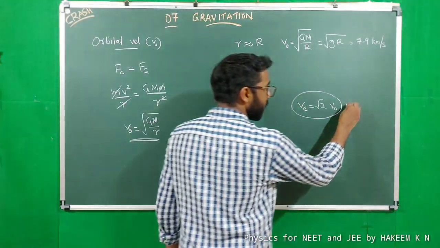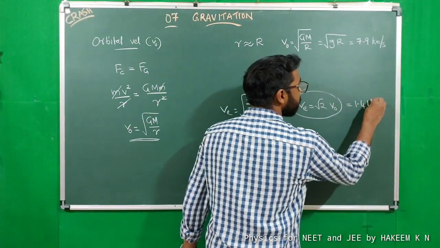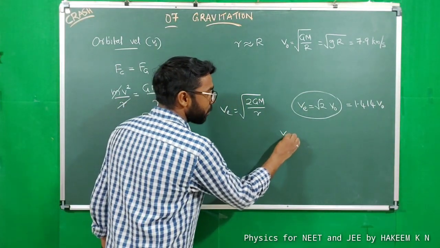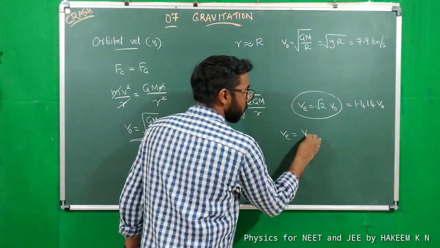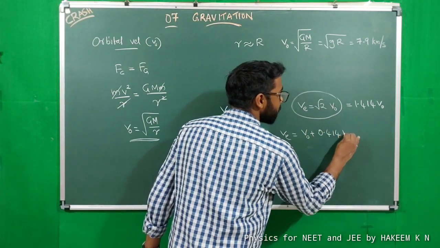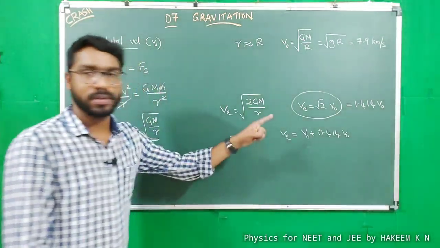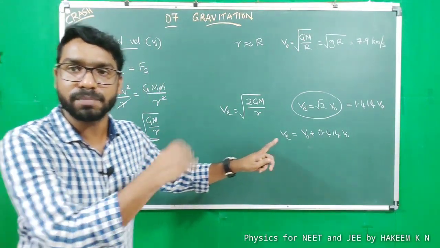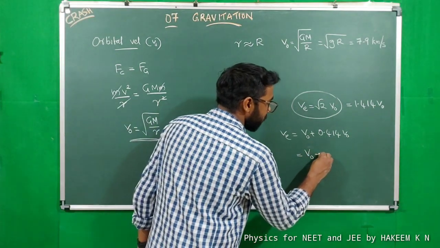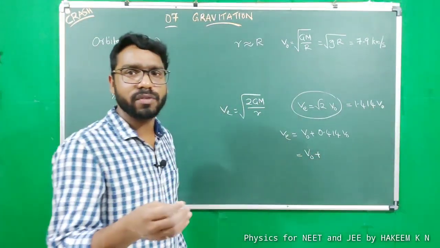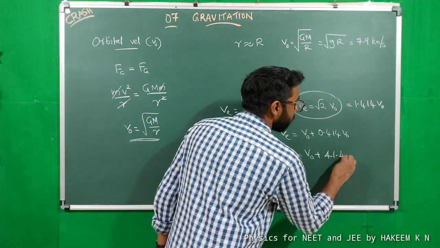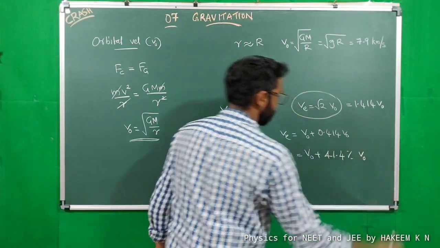Root 2 is 1.414, so escape velocity equals 1.414 times orbital velocity. We can write 1.414 as 1 plus 0.414, so escape velocity is orbital velocity plus 0.414 orbital velocity. Converting into percentage, it will be 41.4% of orbital velocity.